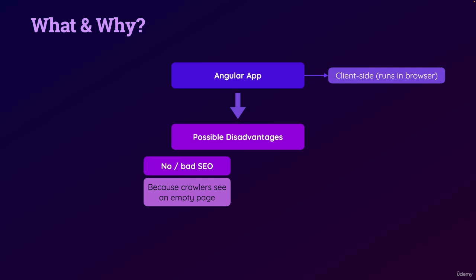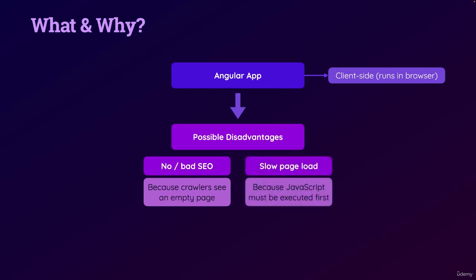If you're building some application that requires user authentication anyways, it might, for example, not really matter because search engines wouldn't be able to authenticate anyways. If you're building some company internal application, it also might not matter. But for some applications, it might matter, and then having just an Angular app could be a disadvantage.